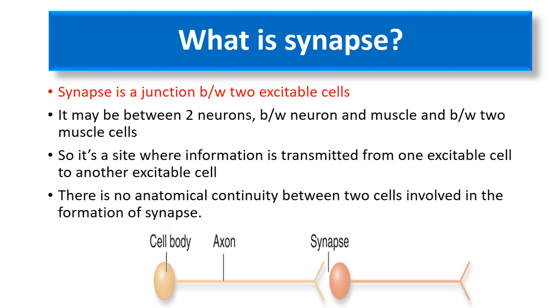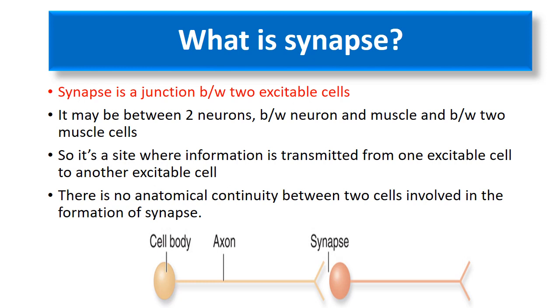It may be between two neurons, between a neuron and a muscle, which you have studied in the neuromuscular junction, and between two muscle cells, like two cardiac cells connected via gap junctions. So, it's a site where the information is transferred from one excitable cell to another excitable cell.